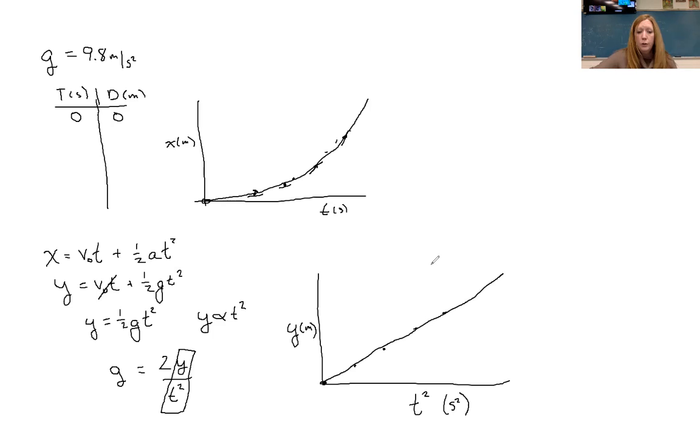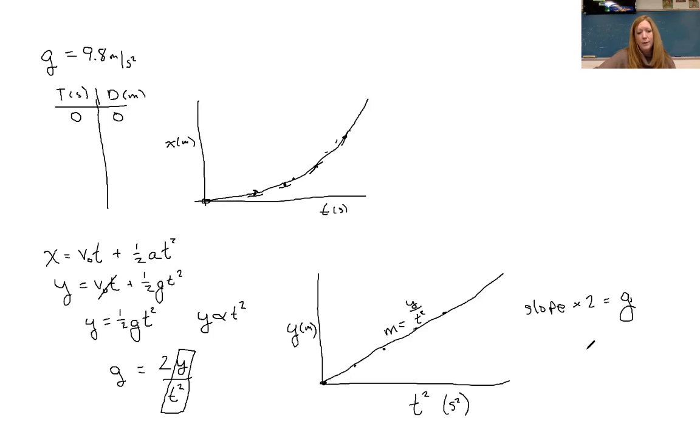So what I'm going to do is get my slope here. All right, the symbol m is slope. Remember that your slope is y over t squared. There's not really a significance to that, except that now if I do slope times 2, that should give me my value for g.